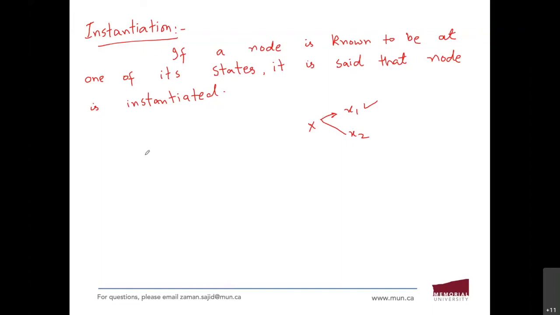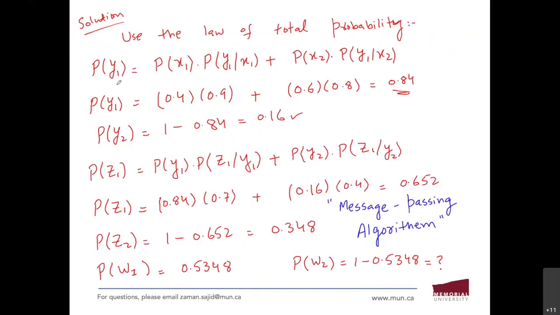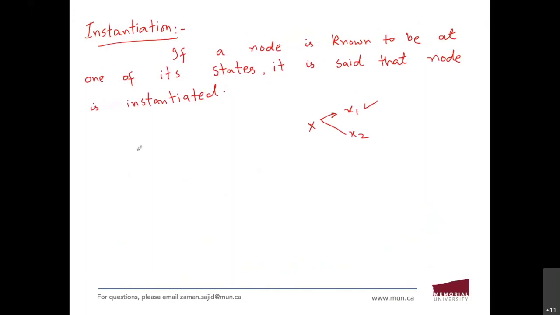Now, the algorithm that we just performed, as you can see in the slides, goes from X to Y to Z and W. This kind of propagation is called downward propagation.